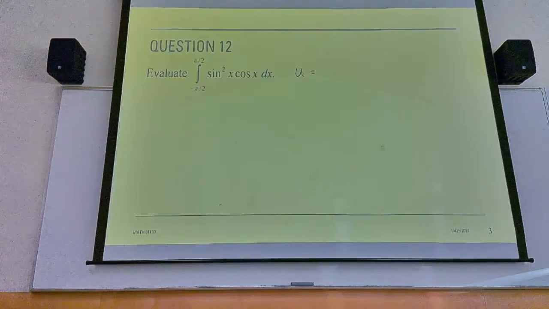So what's u? Sine of x. What's du? Cosine of x. Dx.